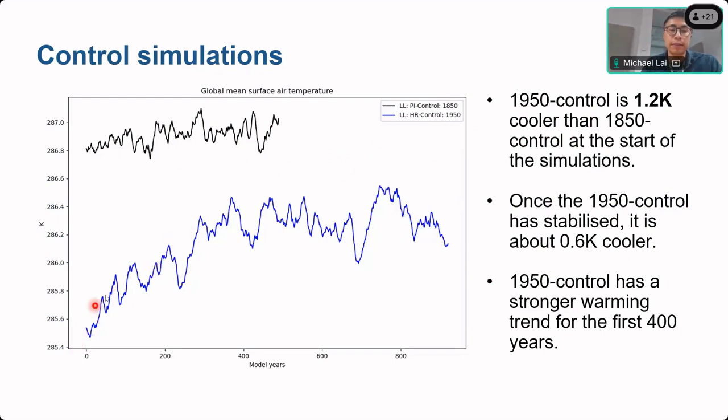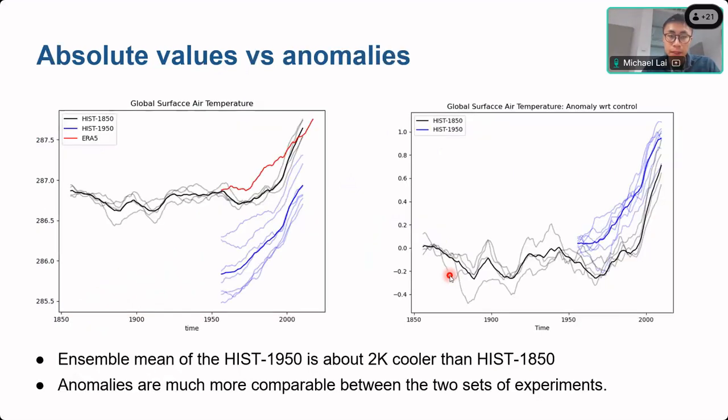In the first 400 years, there's a stronger warming trend in the 1950 control, but it stabilizes later on. It's a bit of a surprise why the 1950 control is quite a lot cooler than the PI control. I'm only showing results for the low resolution model here, but results for the medium resolution are quite similar as well.